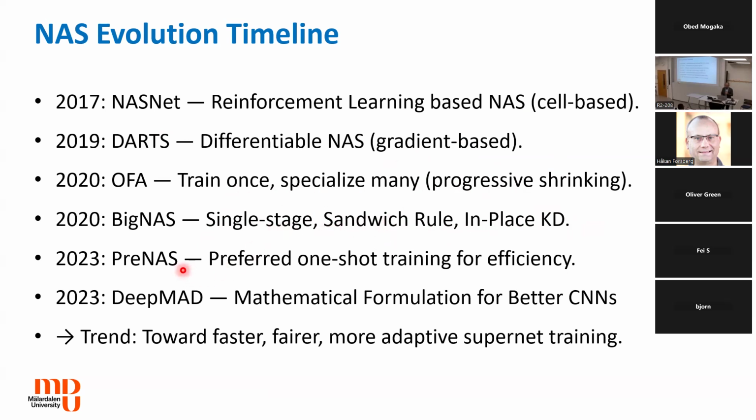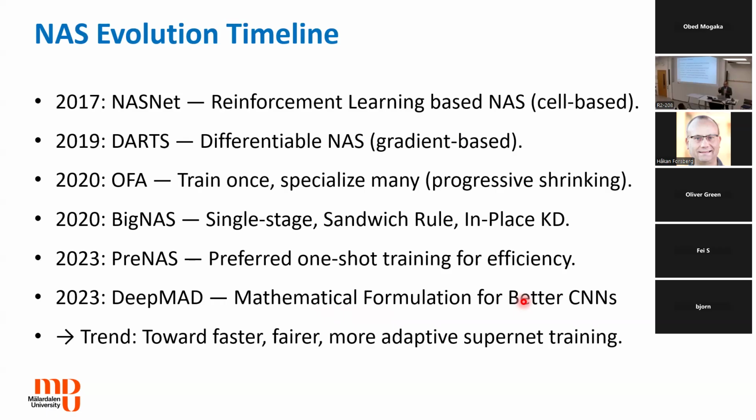Then we have pre-NAS, preferred one-shot training for efficiency, and then we have DeepMAD. What this method does is provide a mathematical way of determining which model would perform well based on your constraints. You don't even have to train a supernet in that case.